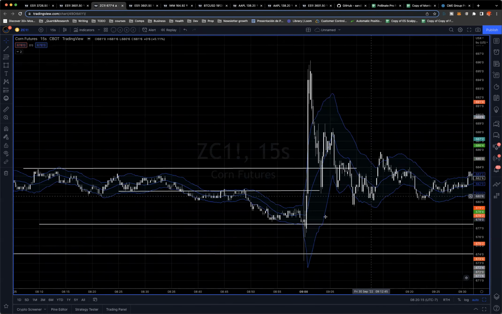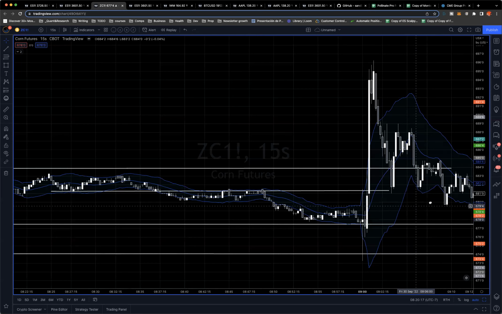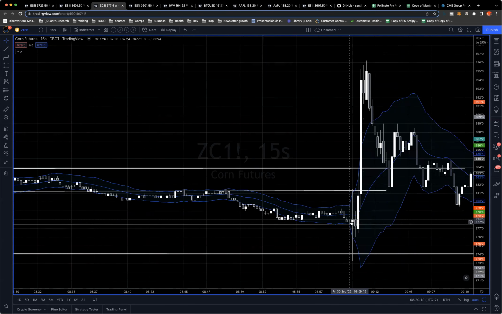Now you can see that when the news came out, it went down, hit my profit target, and then came right back up, and then right back into here. Another 15 seconds later, it did that. So 30 seconds in, finally, it rips higher. Again, this is a 2% candle. This is a 0.5%. So this is a 2.5% move in 30 seconds.